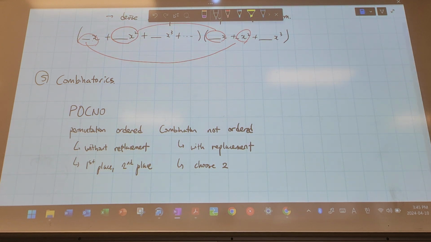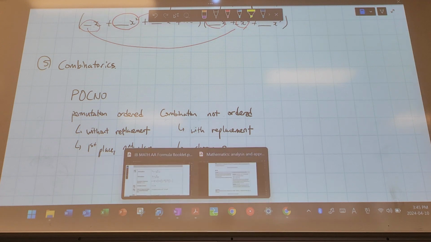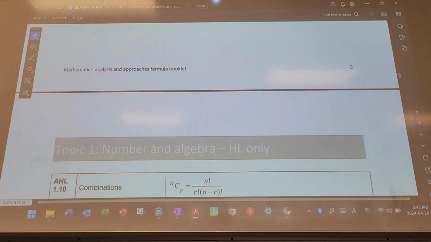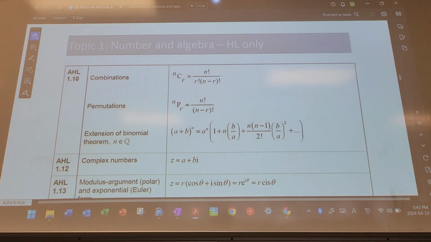We have the formula for these in your formula booklet, the combinations and permutations. Also, it's worth mentioning that combination, by the definition, is always going to be smaller than the permutation. Permutation has way more variety.